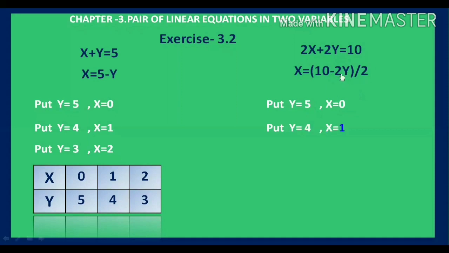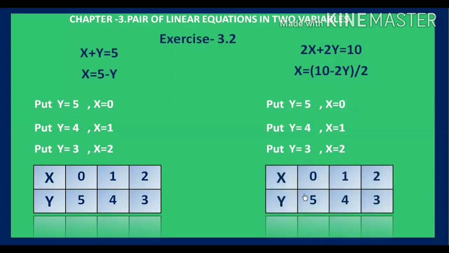Next, y equals 4: 4 twos are 8, 10 minus 8 is 2, 2 by 2 is 1, you have to divide as well. And let's put y equals 3: 3 twos are 6, 10 minus 6 is 4, 4 by 2 is 2. These are the points 0, 5; 1, 4; 2, 3.